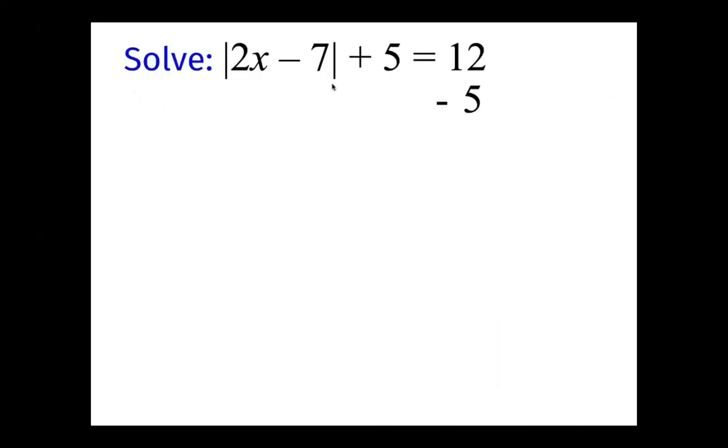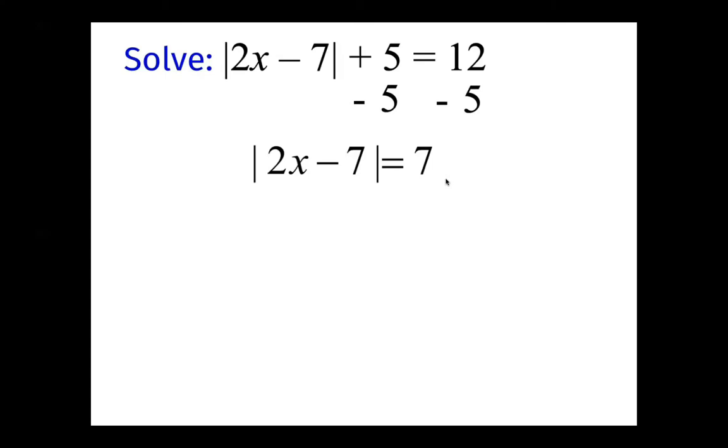Okay, let's go ahead and solve this one. We're given absolute value 2x minus 7 plus 5 equals 12. So same exact steps. We're just going to go ahead and do inverse operations. First, subtracting both sides by 5. 5 cancels, and you're given absolute value 2x minus 7 equals 7.